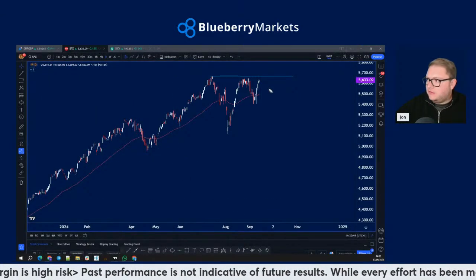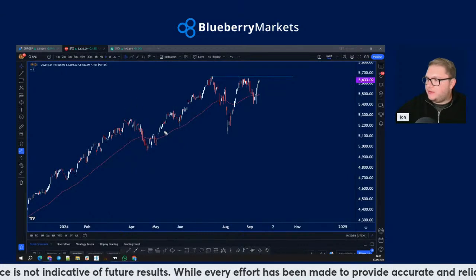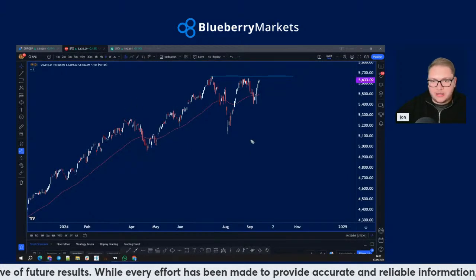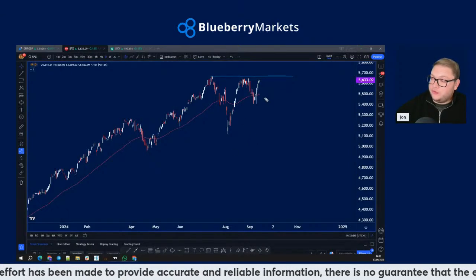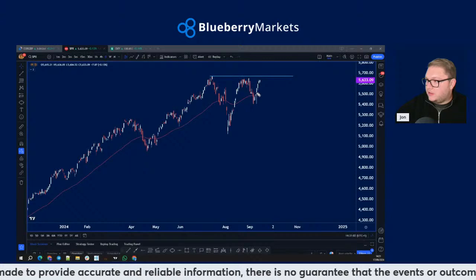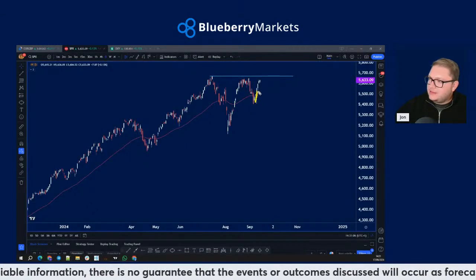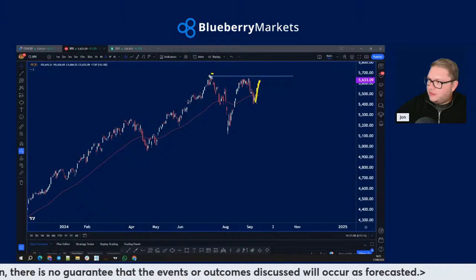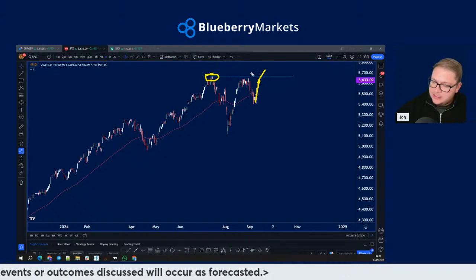cut based on the idea that they've called inflation down and that the labour market is starting to become a little bit fragile, right? And they don't want to see too much fragility within that labour market, because it can be quite concerning. So we've had this kind of rebound here now. I'll be interested to see how price does above these areas here.